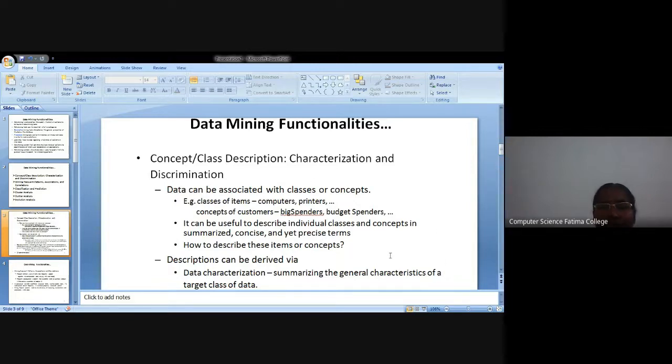Data characterization is simply summarizing the general characteristics of targeted classes of data.